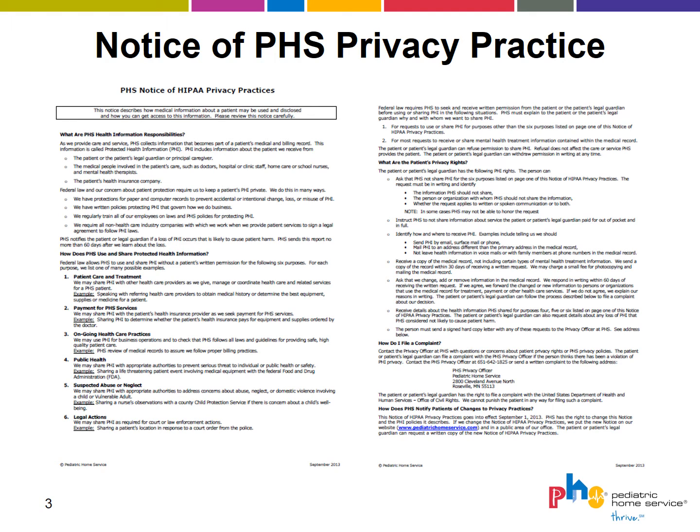It describes PHS's health information responsibilities, how we use and disclose the patient's protected health information, the patient's privacy rights, and how to file a privacy complaint. This two-page Notice of HIPAA Privacy Practice is provided in the Care and Service booklet. Additionally, the privacy notice is also found on our PHS website and is posted in the public front reception area.